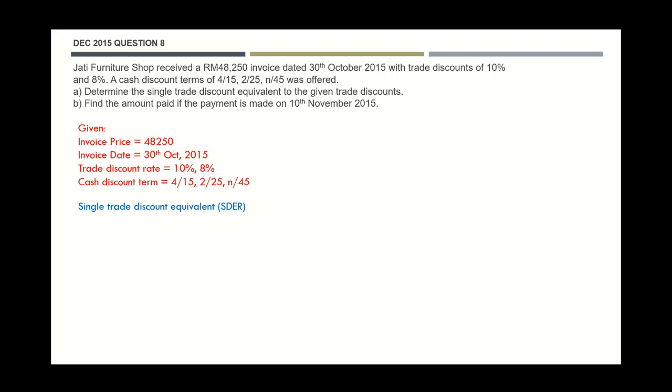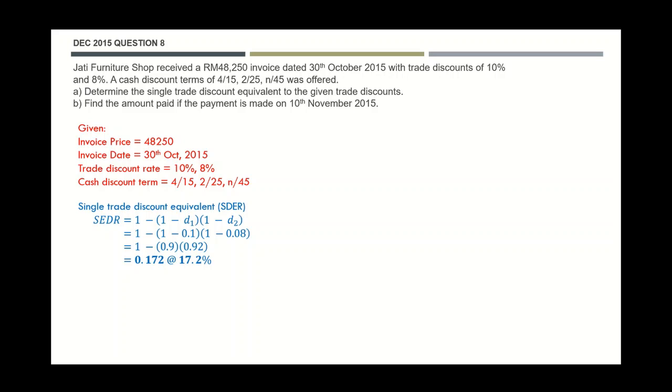Okay, so to find the single trade discount equivalent, what you can do is use the SEDR formula, which is given by 1 minus (1 minus D1)(1 minus D2). So here you only have two trade discounts, that is 8% and 10%. Okay, so you have the formula 1 minus (1 minus D1) and (1 minus D2).